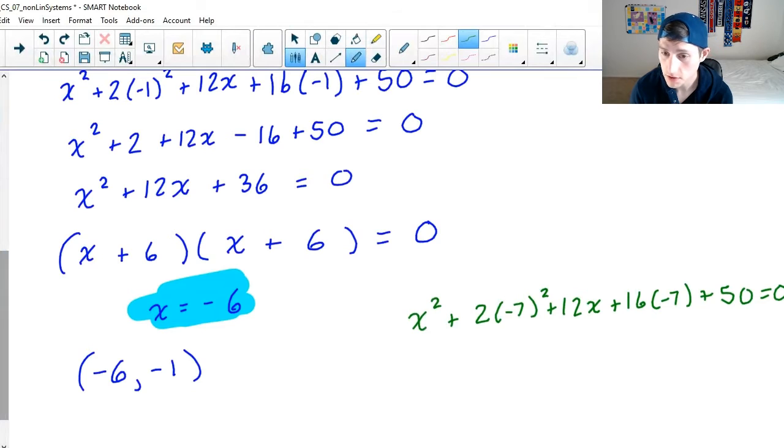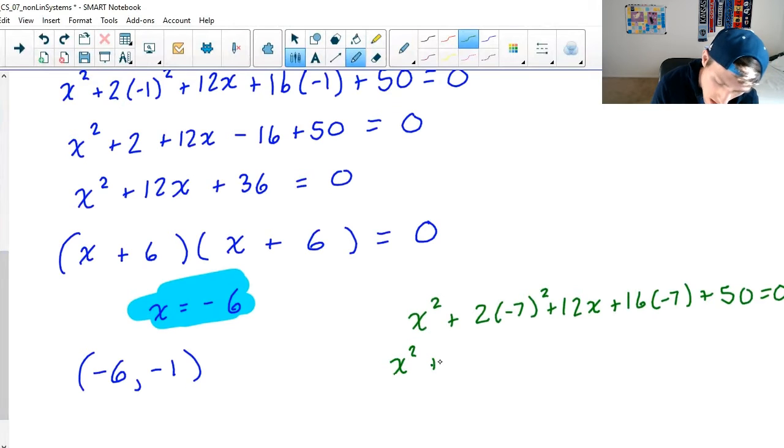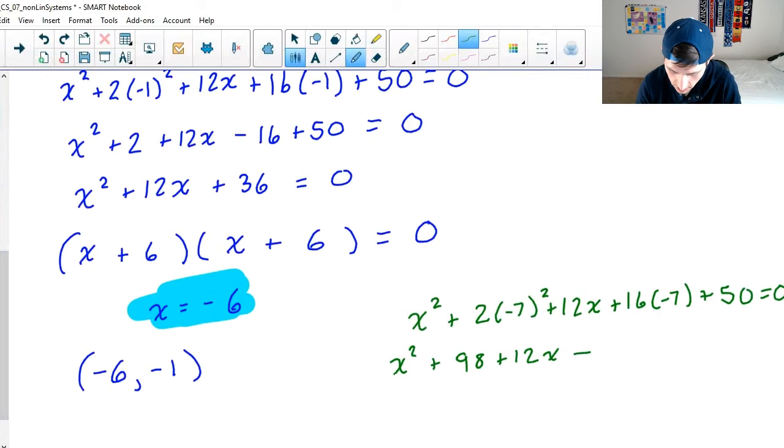And just like before, this step is just simplifying. Negative 7 squared is 49. 49 times 2 is 98. 16 times negative 7, negative 112.